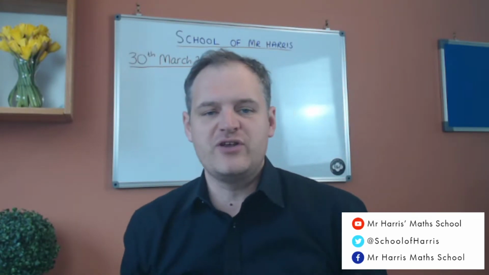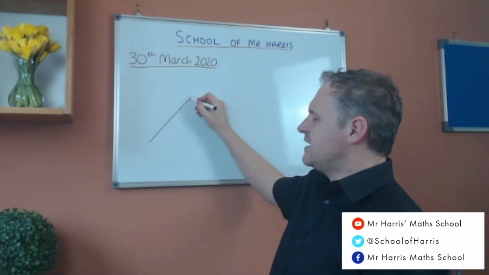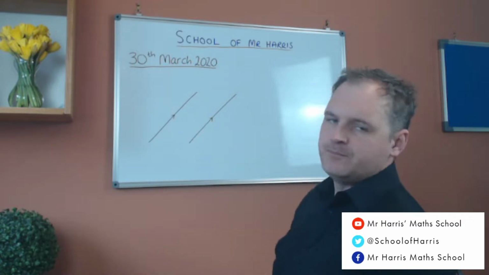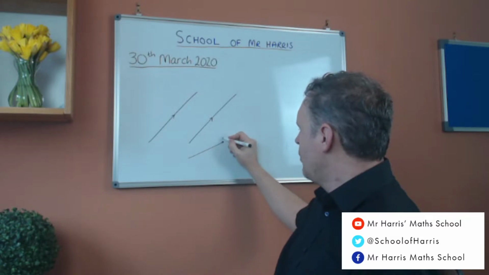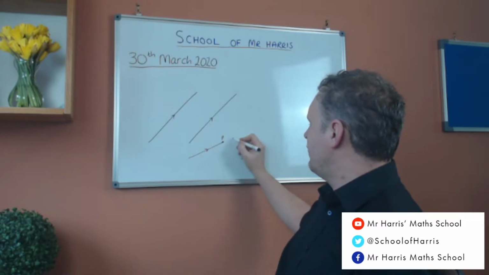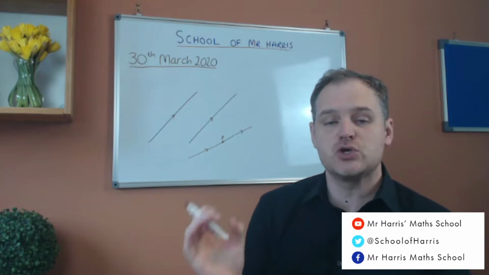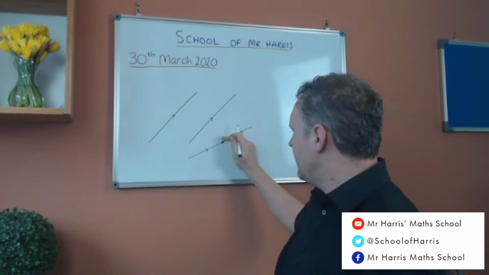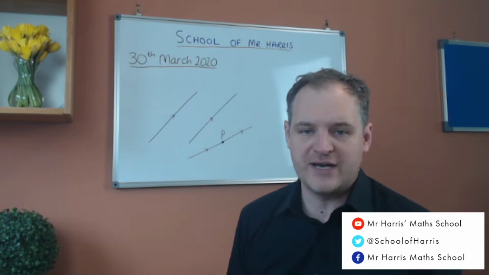But if we have a vector that goes through a point that another vector goes through, they are parallel, but if we're told they go through the same point, we'll call that point P, then they must form a straight line, because if two vectors have a point in common, they must be part of the same straight line.